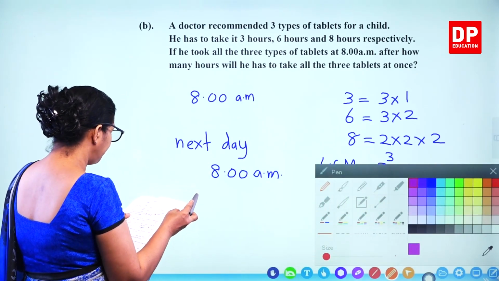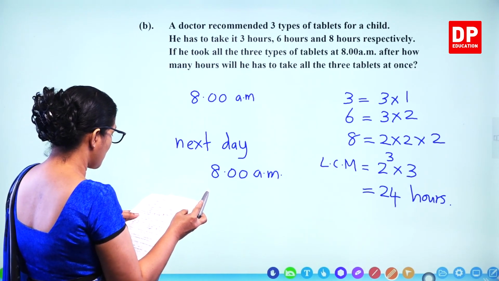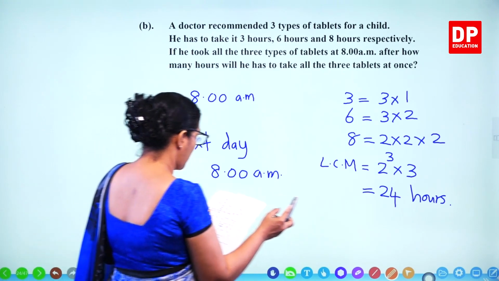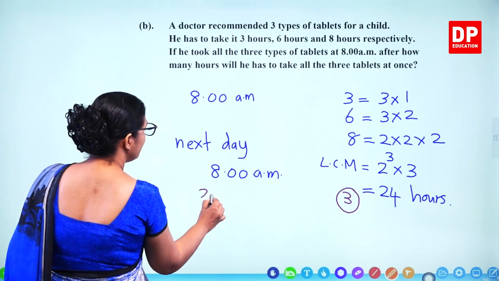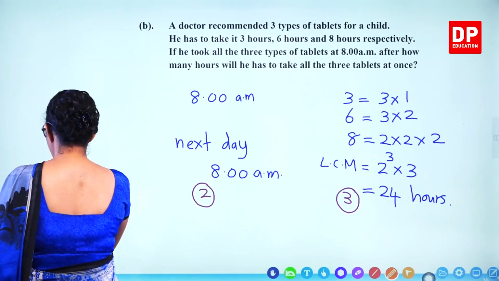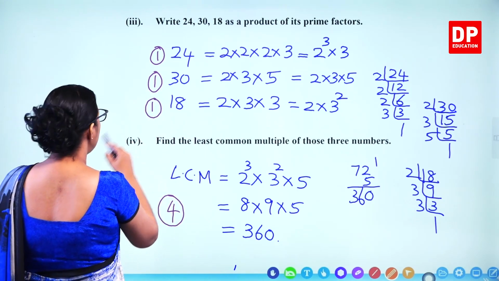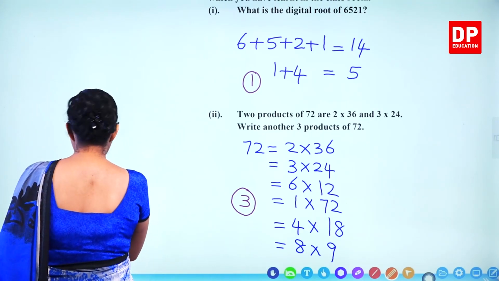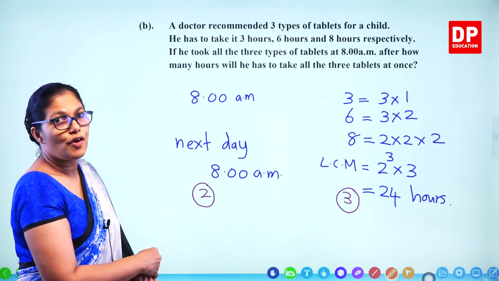You are getting 2 marks for that. And finding the lowest common multiple, you are getting 3 marks. 3 here and 2. Let's take the total. 3 plus 2, 5. 10, 12. 12 plus 4, 16. So 16 marks for the first question.